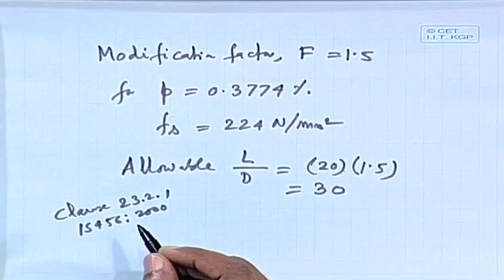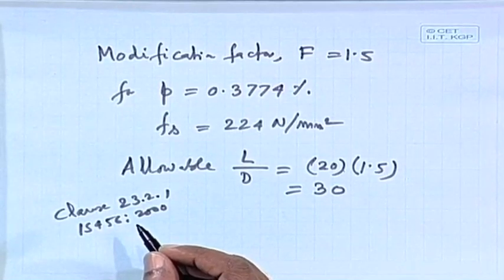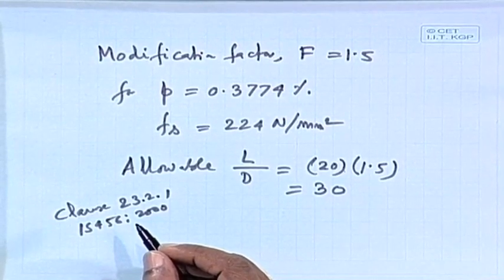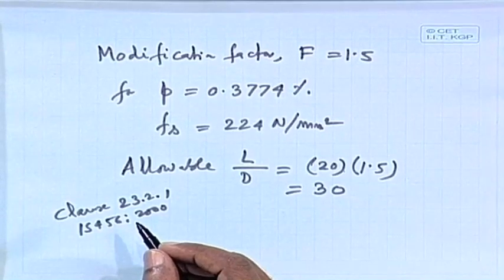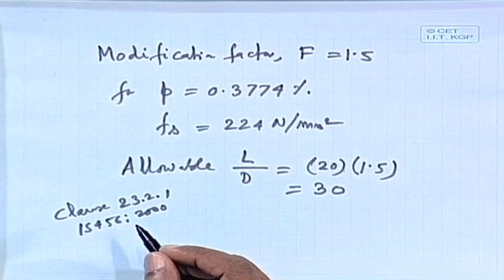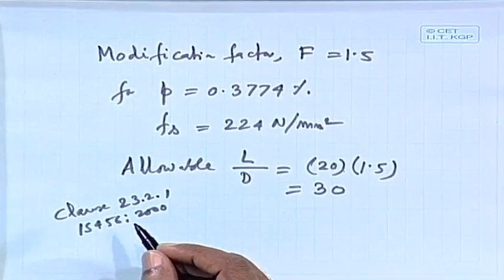It reads here that basic values of span to effective depth ratios for spans up to 10 meter: cantilever 7, simply supported 20, continuous 26. Please note it is written as span to effective depth ratios. There are a few things that should be mentioned clearly, that this code is not. The other one is saying span to depth ratios.